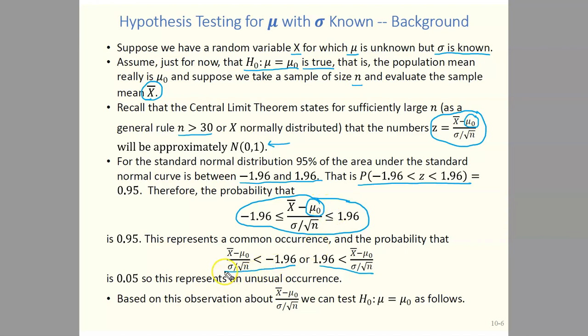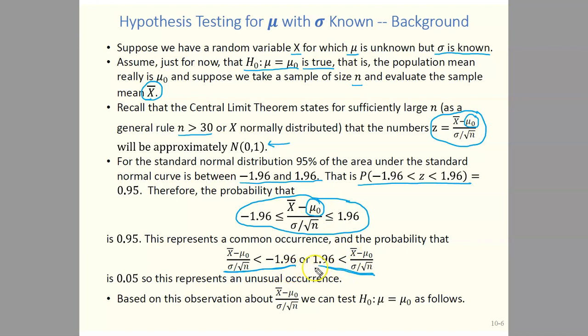On the other hand, if you're in this situation or this situation where the z-score is less than negative 1.96 or larger than positive 1.96, then something unusual has happened, because this is a low probability occurrence, assuming that the population mean really is mu naught.